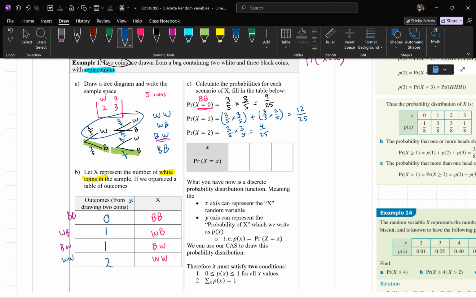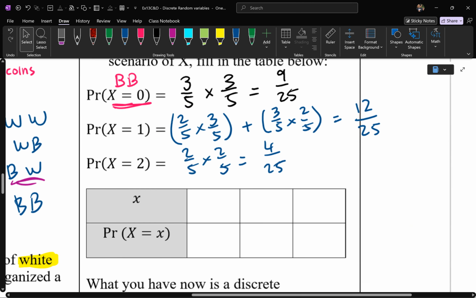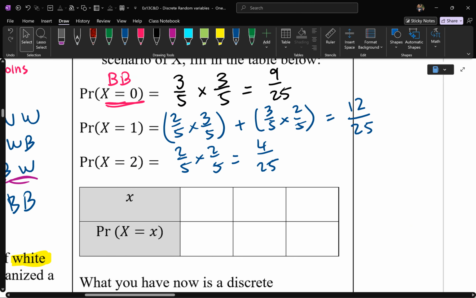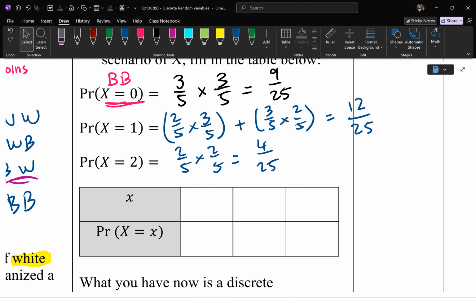What you're learning today and what you practice in 13C is literally that table that's right underneath that. Okay, not so much this. This is the theory so you can see it. You don't have to draw the tree diagram and all that. It's just that table. So that table is getting you used to understanding X. Little x represents the possible values that capital X can take. Capital X is getting white coins, but how many white coins can you get in 2 rolls or 2 flips or 2 draws?